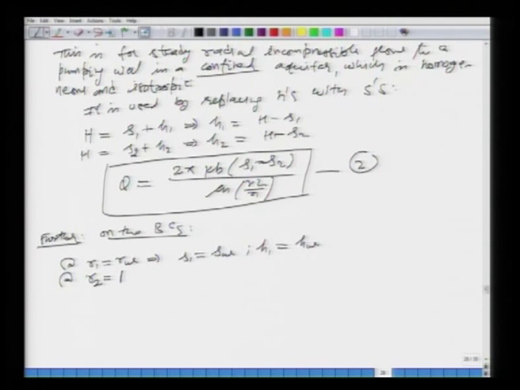R2 is equal to, let us say, capital R, the radius of influence. At the radius of influence, what is S2? Can anybody tell me? Well, we have already said that at the radius of influence, the drawdown is 0. So, this is going to be 0, and what will be H2? H2 will be nothing but capital H, right.